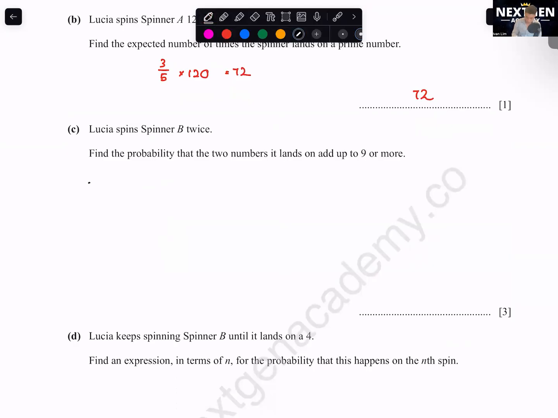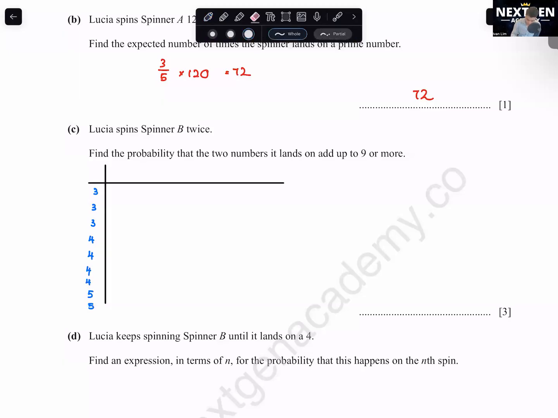You draw all your possible outcomes. So like this, draw a table. It's actually not that complicated. You don't have to draw every single one. For spinner B, what are your possible outcomes? 3, 3, 3, 4, 4, 4, 4, then 5, 5, right?